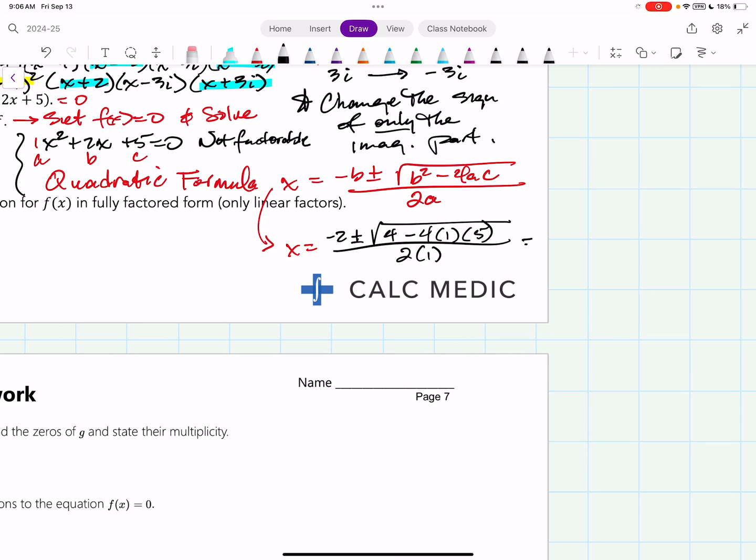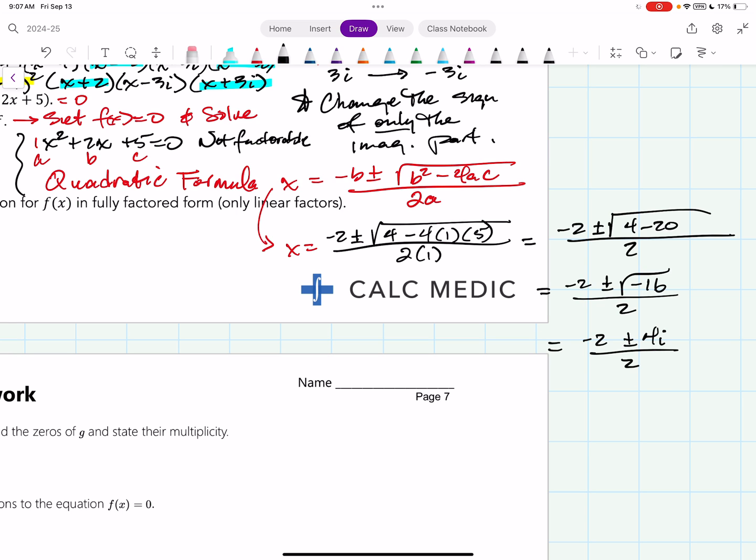So let's go off to the side here and let's work this out. So negative 2 plus or minus the square root of 4 minus 20 divided by 2. Okay, and we have negative 2 plus or minus the square root. Ooh, getting a little carried away there. The square root of negative 16, all divided by 2. That gives you negative 2 plus or minus 4i, all divided by 2.